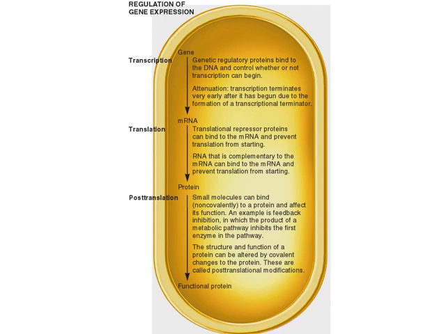You can also have gene expression regulated at the translational step, whether or not an mRNA is translated. And you can also have post-translational modifications, for example, if you can covalently modify a protein, or have other proteins non-covalently bind to it, which can impact its function as well.